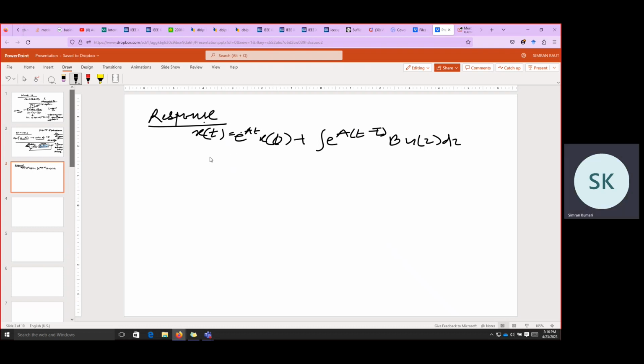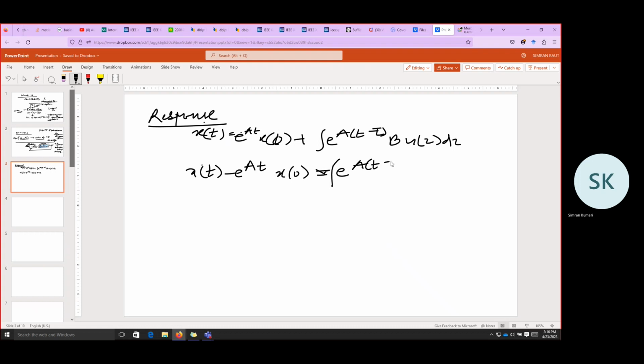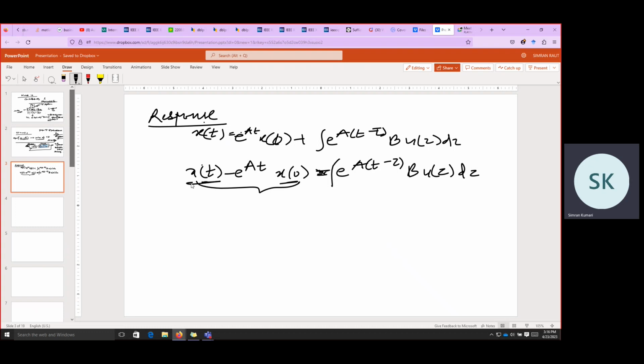Now for shifting, we can say x(t) minus e to the power At x0 is equal to this integral. We want that this change can be anywhere. I mean, from any initial state value, it can be changed to any final state value in a finite time.